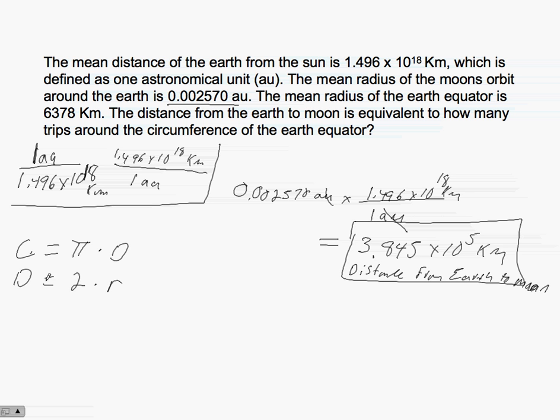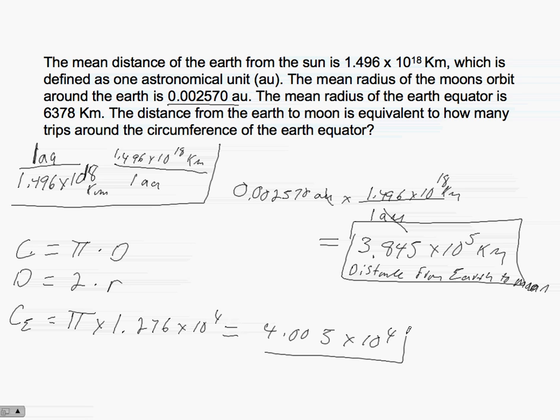So the circumference of the Earth is going to be equal to pi times 1.276 times 10 to the 4th, which is going to be equal to 4.005 times 10 to the 4th. So this is the circumference of the Earth.